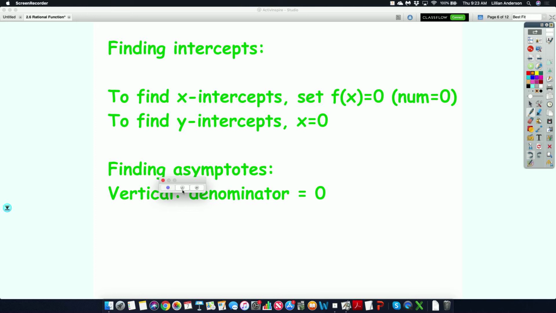So a shorter way, instead of plugging in 0 for y, you can just set your numerator equal to 0. And then, of course, to find your y-intercepts, you set x equal to 0, and then you solve for y. And again, just in case you didn't hear me the first time, to find your vertical asymptote, you set your denominator equal to 0. Those are your different properties when it comes to rational functions.